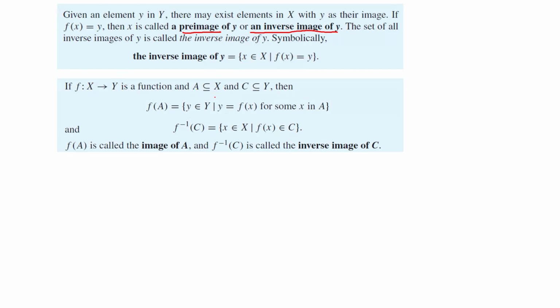A is a subset of X and C is a subset of Y. Then we have the following definition. f of A is the set of all y values such that y is equal to f of x for some x in A. So f of A, which is the image of A under function f, is all y values such that y is equal to f of x for some x in A.